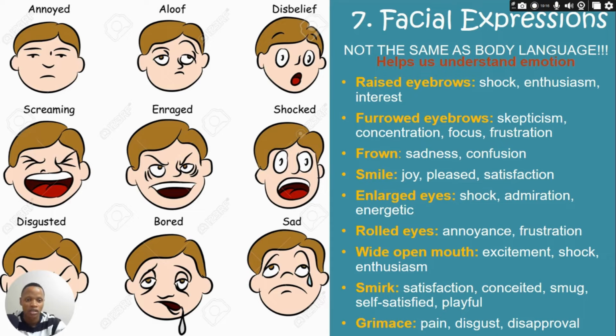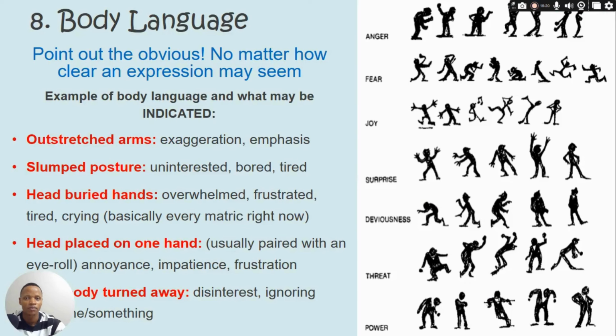A smile is basically showing joy, that somebody is happy. Now you can't just say he's happy because of the facial expression; you need to give specific details. And then you have body language, which points out the obvious, no matter how clear the expression may seem. Here are some examples of body language and what may be indicated.